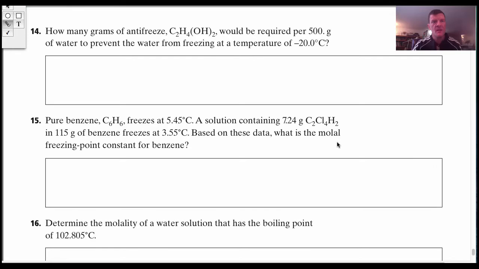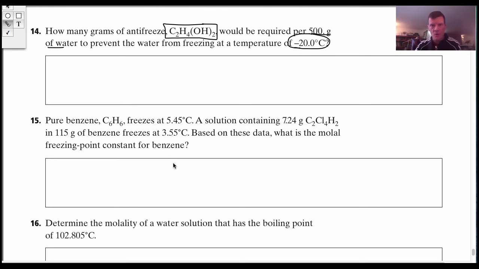14. How many grams of antifreeze, and there's the formula for antifreeze, would be required per 50 grams of water to prevent the water from freezing at a temperature of negative 20 degrees Celsius? Okay. So what we're doing here is we're trying to lower the freezing point of water down to negative 20 degrees Celsius.